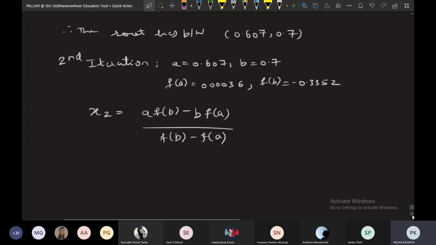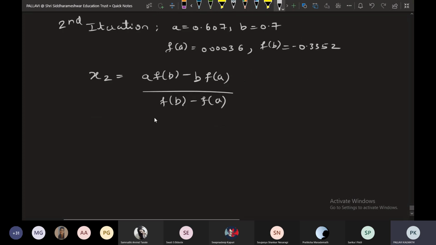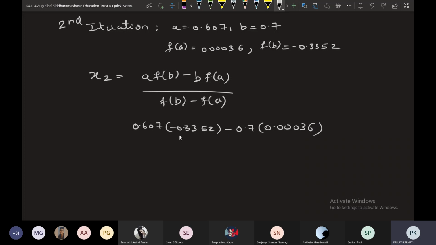So remaining, you can substitute the values. A into f of B minus B, B is 0.7, divided by f of B minus f of A. Ma'am, you're not audible.